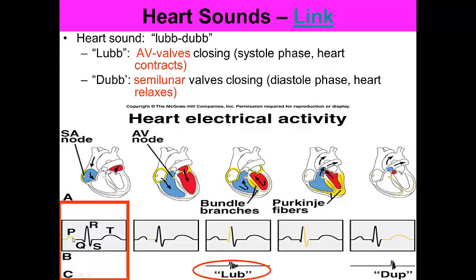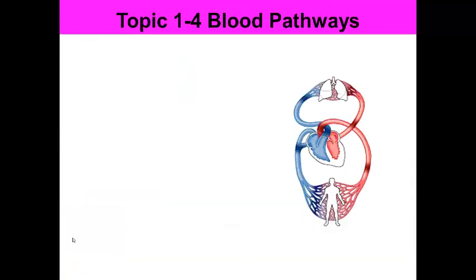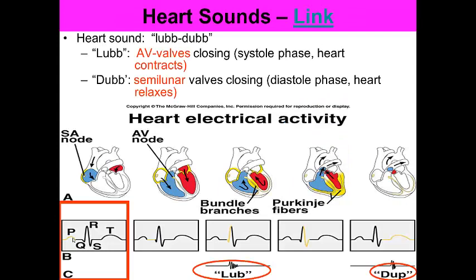So that's the first little bump that you see in measurement. And the AV valves close, and then the dub stage is the end of it right here, where the semilunar valves open and blood is released either to the lungs or to the rest of the body.